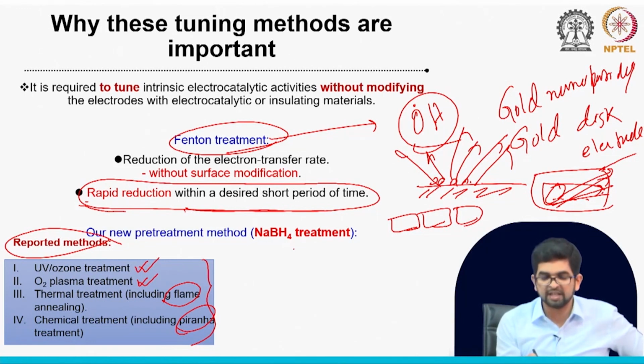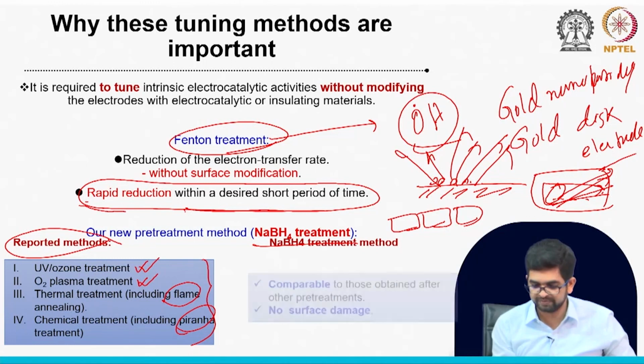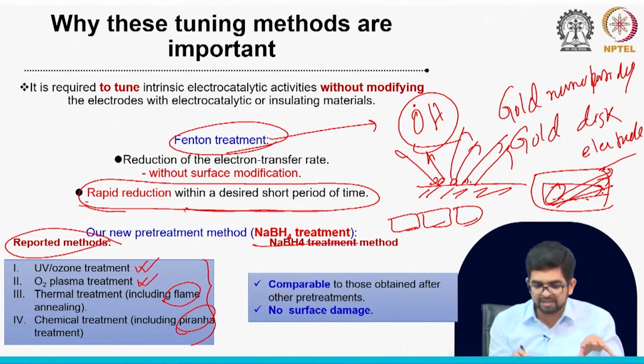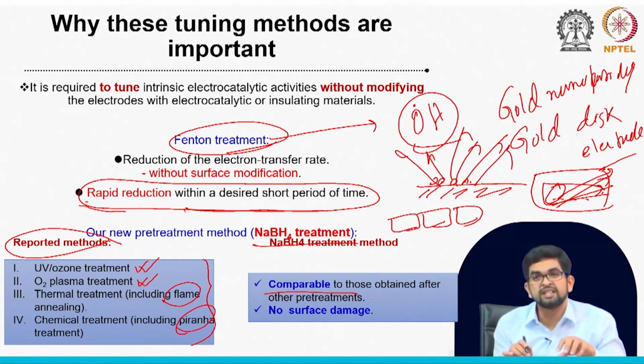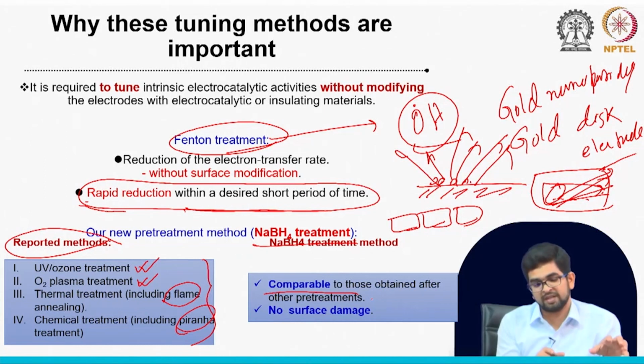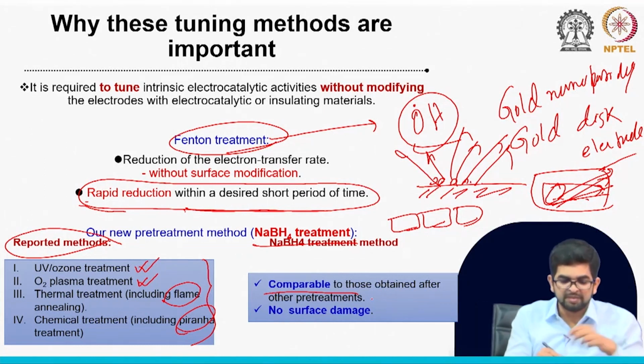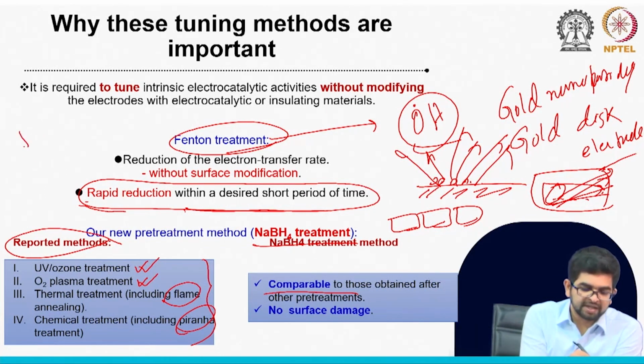That is why I am always saying you should go for the simple treatment like the sodium borohydride I taught you. This treatment is very much easier, and it is also comparable to other treatments. Just remember I taught you for the palladium nanoparticles.